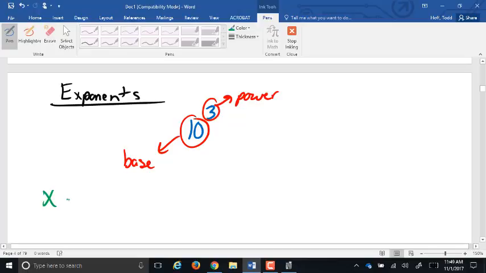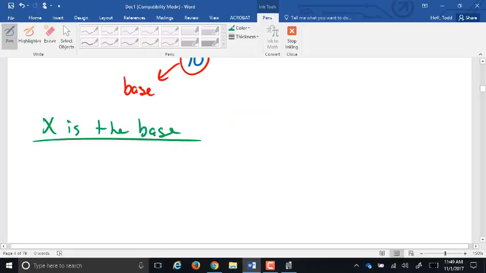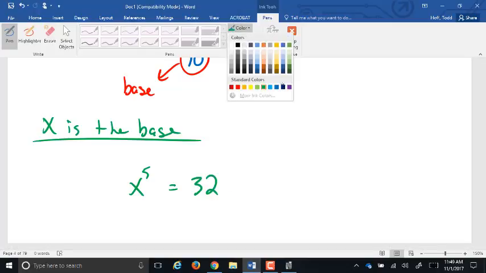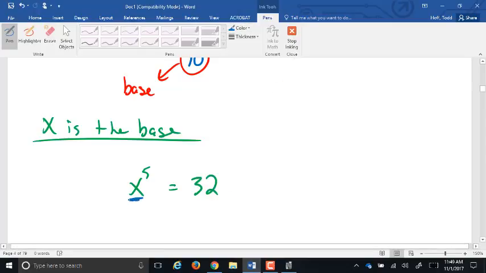When the variable x is the base, so that would be like x to the power of 5 equals 32, the variable you can see is in the base of the exponent. That's where you're going to use a root. So that's the power of 5. We're going to use what kind of root? Fifth root. Perfect. Because the index of the root has to equal the power that we're trying to get rid of, the exponent. So that gives us x equals 2 there.